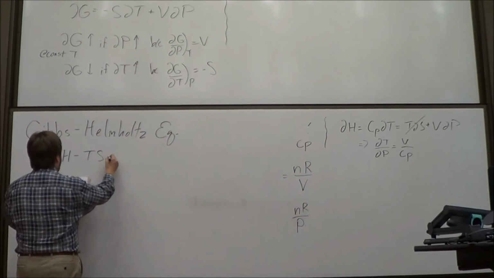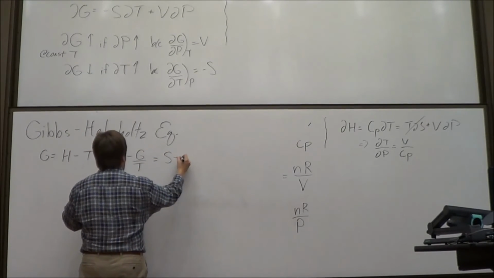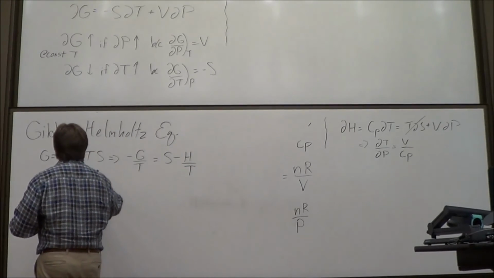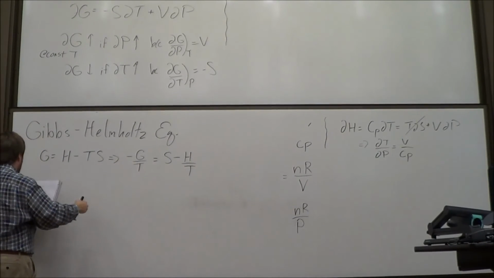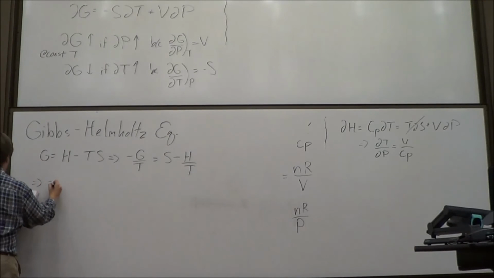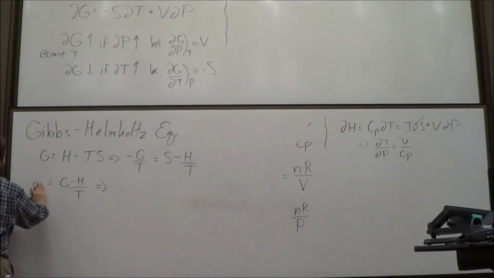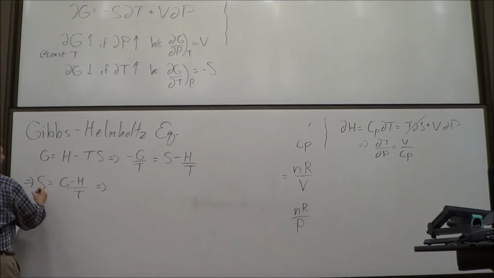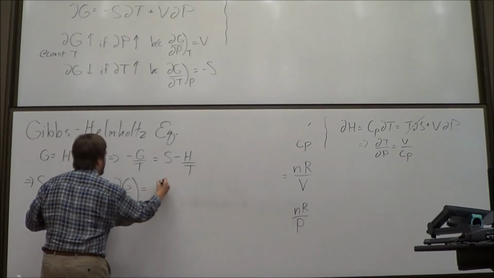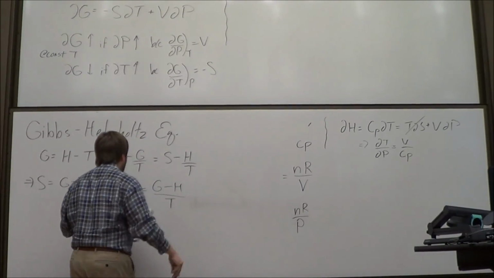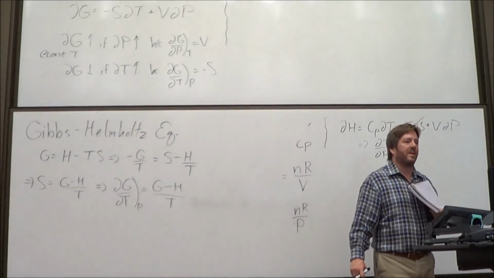And so then what I get is, therefore, minus G over T is minus S plus H over T. What I did was I multiplied by minus 1 over T. And therefore, S is (H minus G) over T, and therefore dG/dT at constant P is (G minus H) over T.